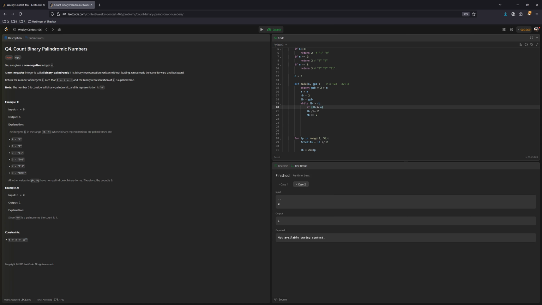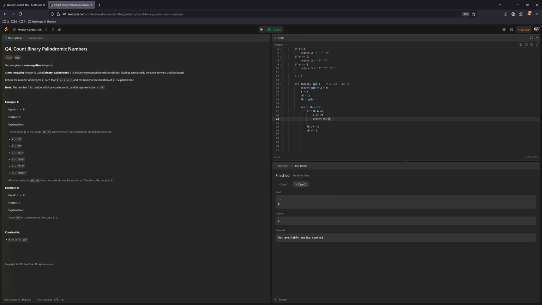Then we will say if left bit and n, then x or equals right bit, right?